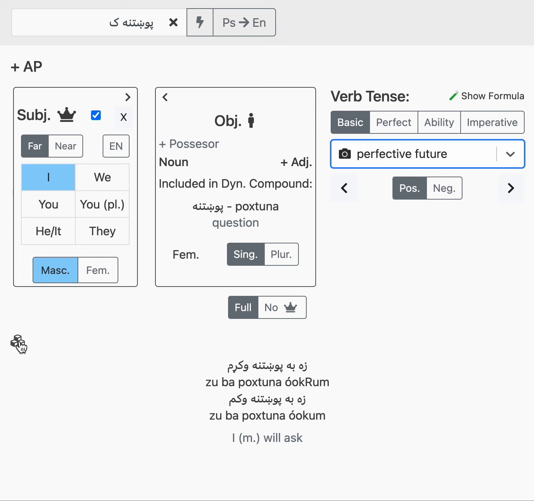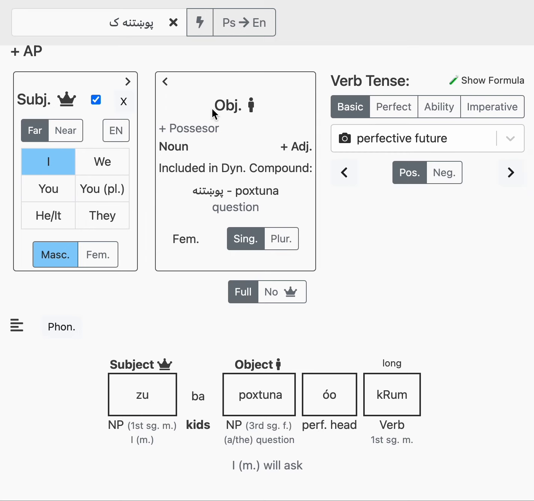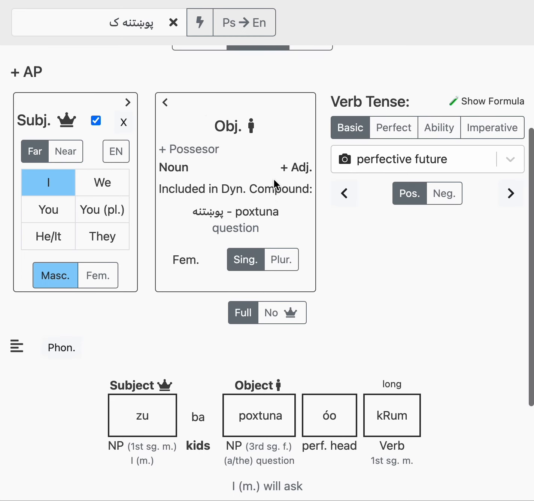Now you notice, because this object that comes as the verb is just like a regular object in the sentence, we can even change the order. You can put the object in front of the subject if you want. Puchtina bazawukam. So you can change the order to emphasize things.